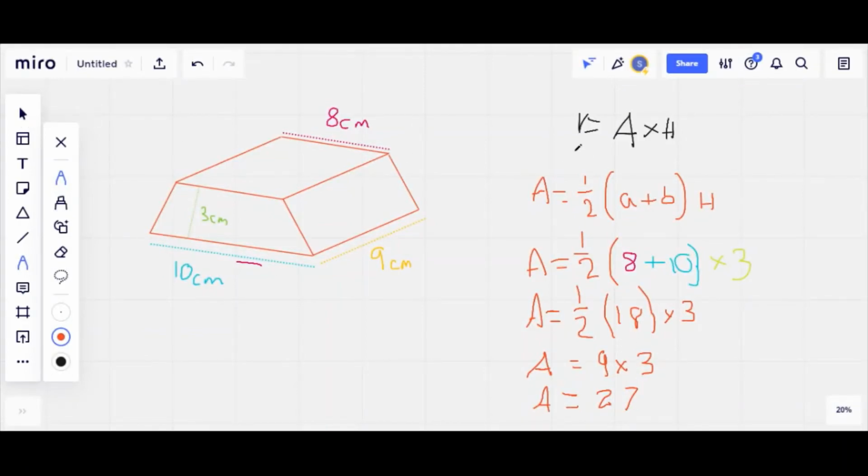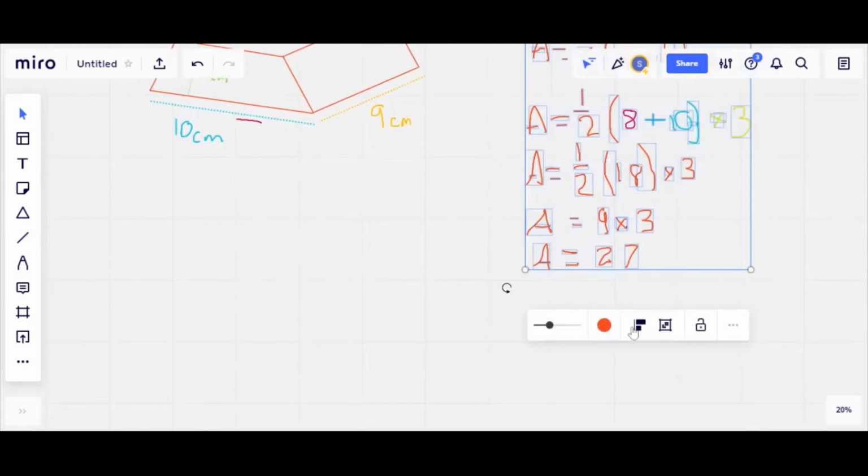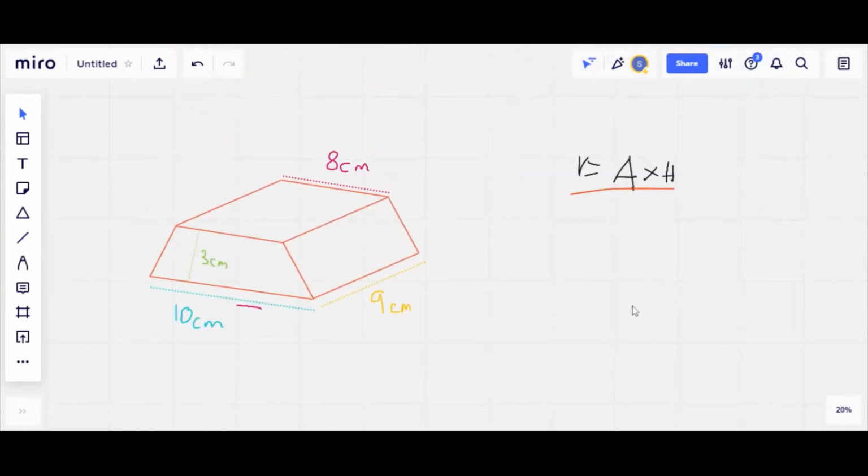From here, we can substitute that back into our original formula. Let's get rid of all this and rewrite that back at the top. A equals 27.